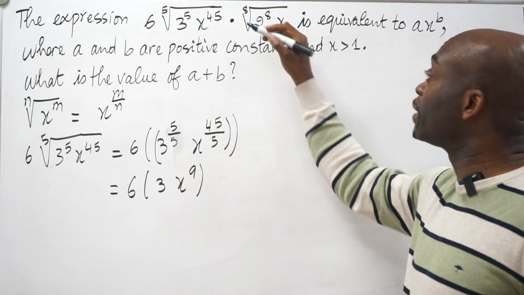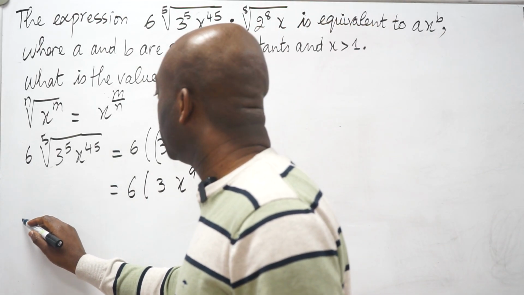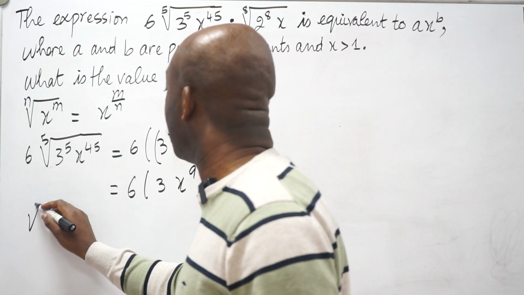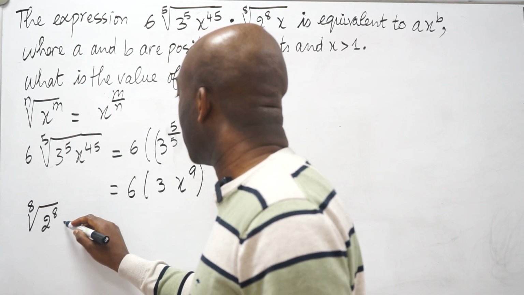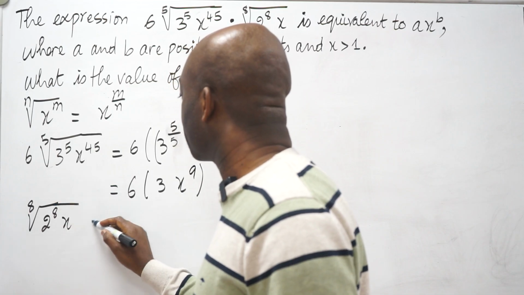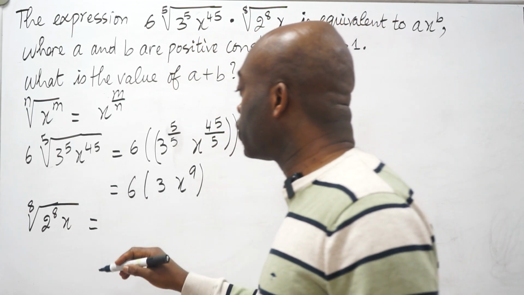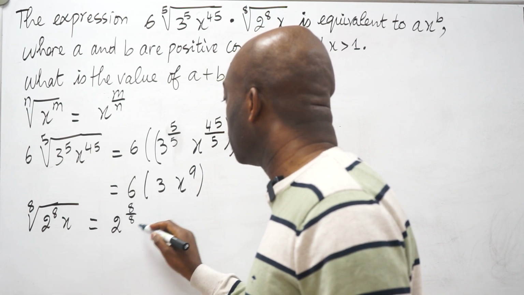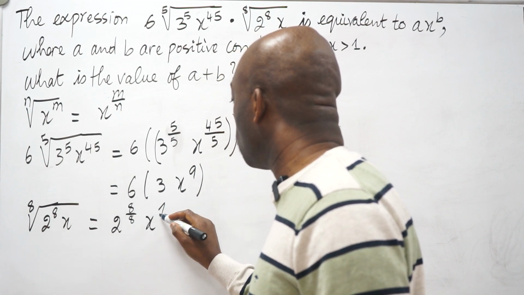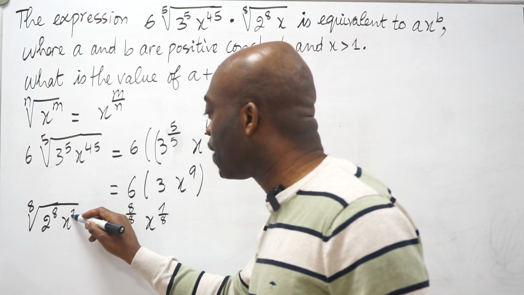So we can do it for the second one also, okay? The second one is the eighth root of 2 to the power 8 times x. And this is equal to what? This is equal to 2 to the power 8 over 8 times x to the power 1 over 8, because there's an invisible 1 as the power here.